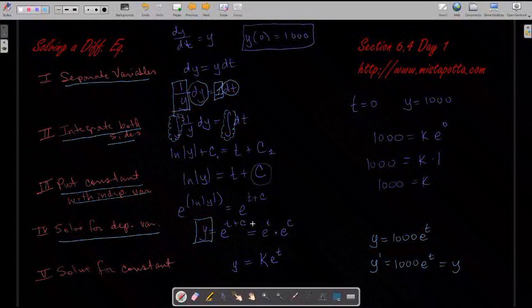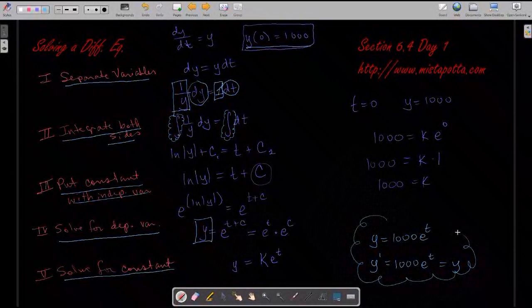The idea is that instead of having a relation, I want a function. And then finally, I need to make sure that I satisfy these initial conditions. I need to make sure that my equation models the situation that I'm interested in. And in solving for k, I end up with the true solution to our differential equation.